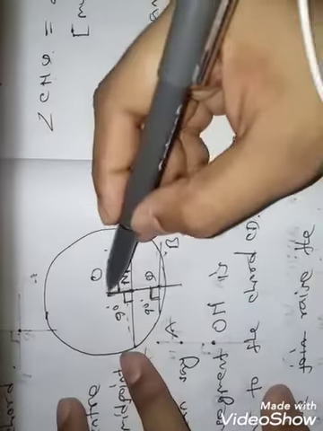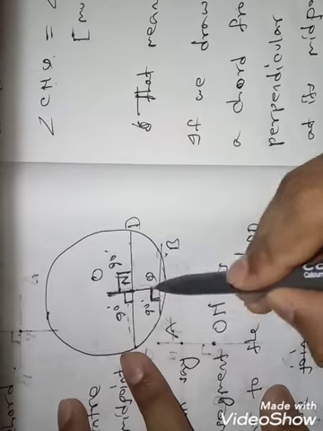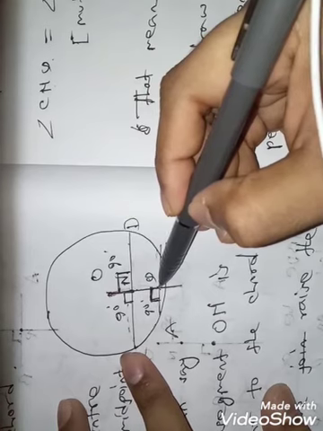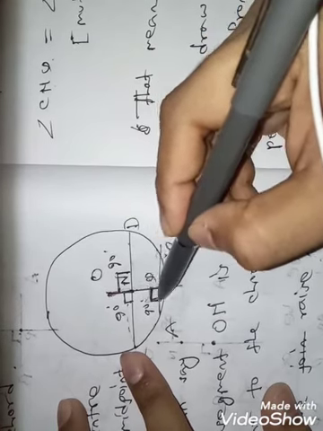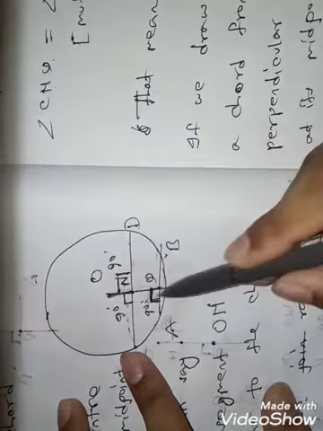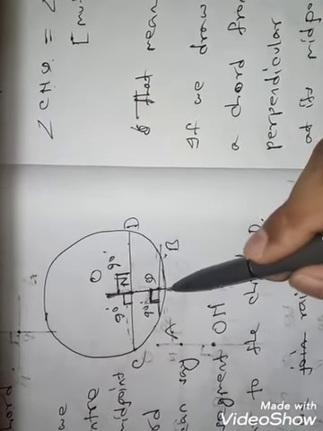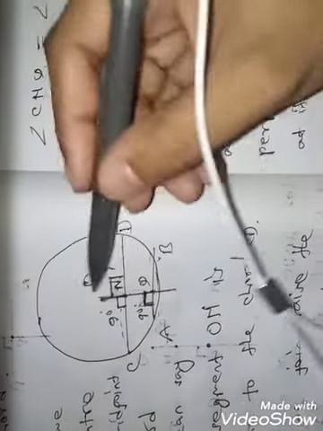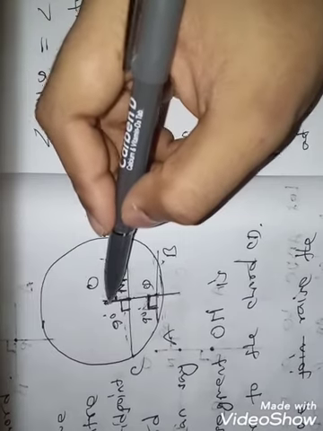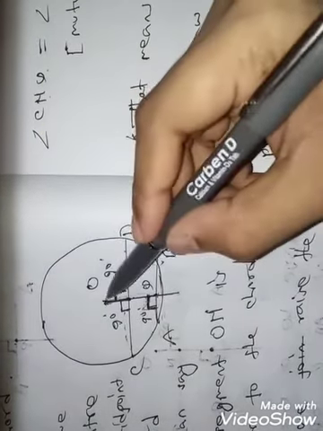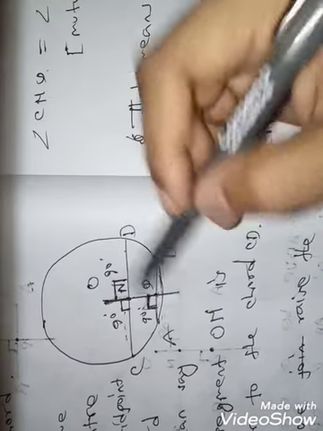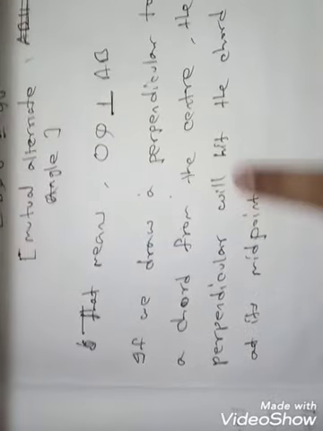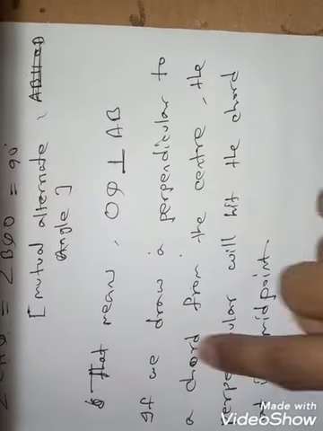See, we have proved that this angle is 90 degrees. That means this line creates an angle of 90 degrees with the chord AB. That means we have drawn a perpendicular to AB from the center O. So this statement is also a theorem.